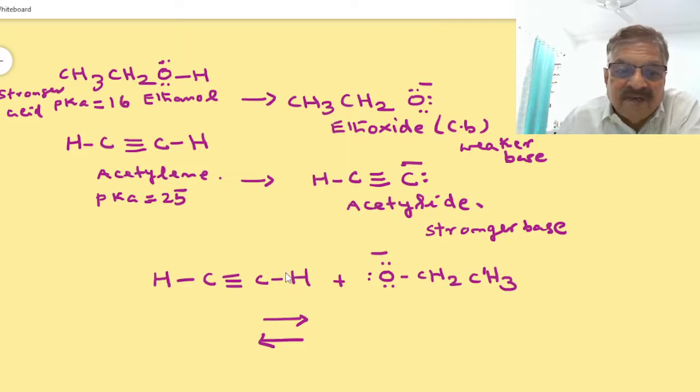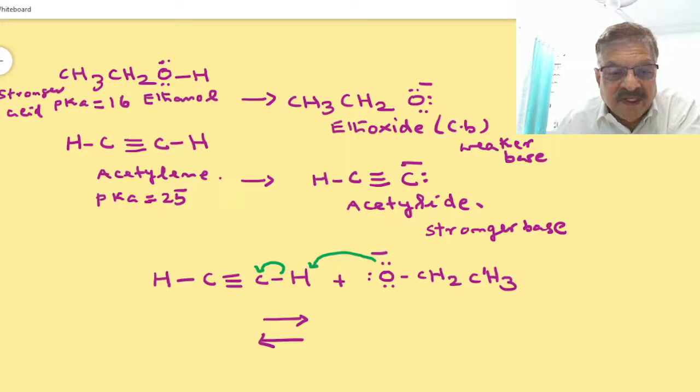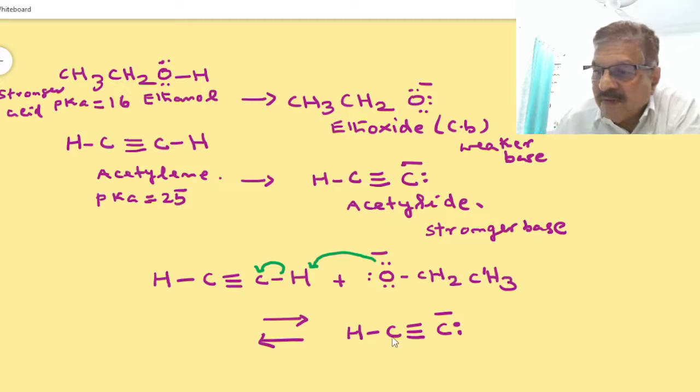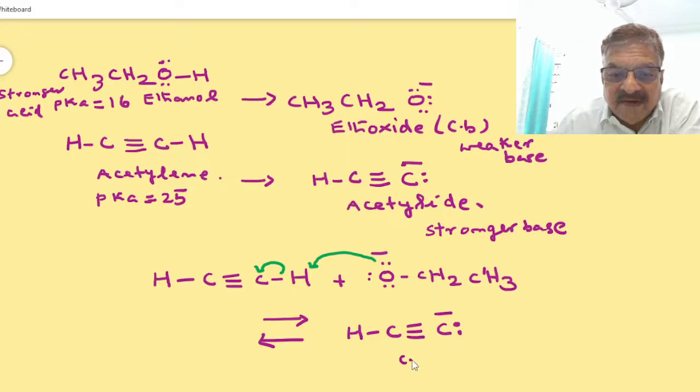In the case of acetylene, the electrons go like this, and this electron pair takes this proton here. This is the way the reaction proceeds. Now, what compounds are formed? When the proton leaves acetylene, its conjugate base, the acetylide anion, is formed.